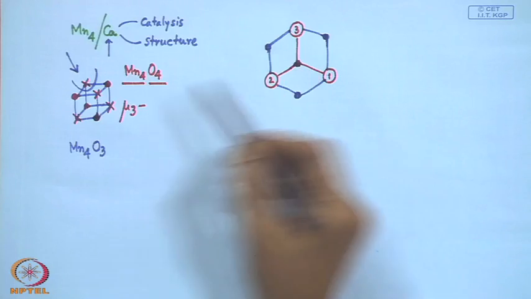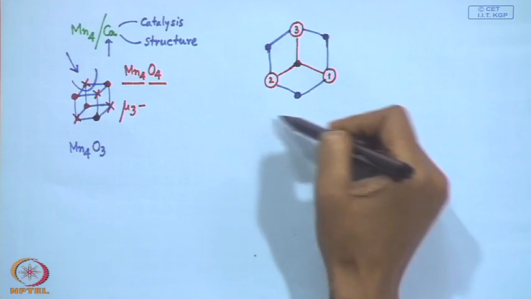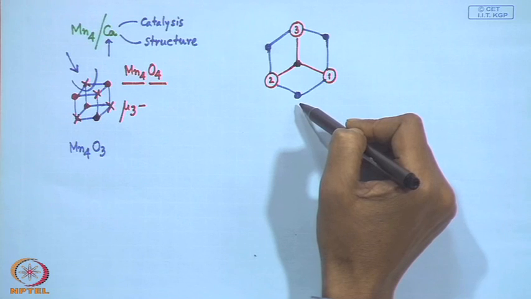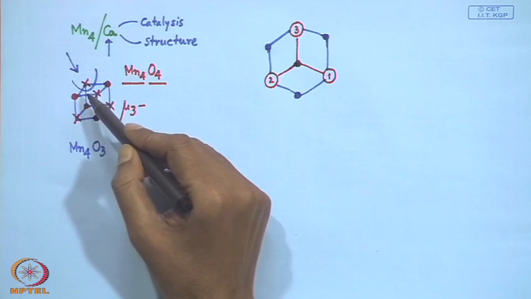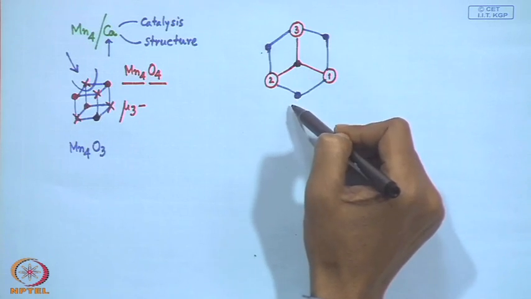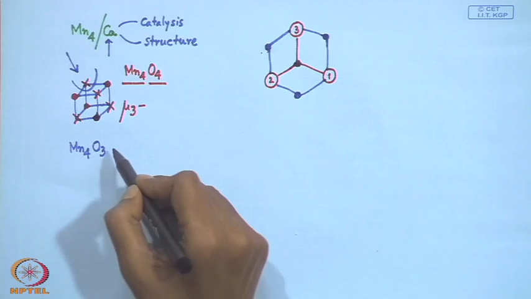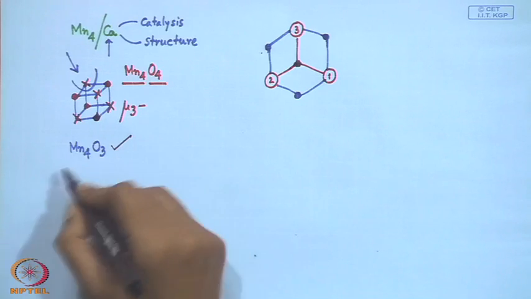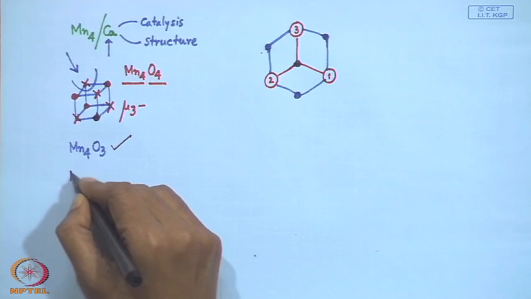Here you have 4 bridging oxygens, 1, 2, 3, 4, and 3 metals. So, you have Mn3O4, this one.